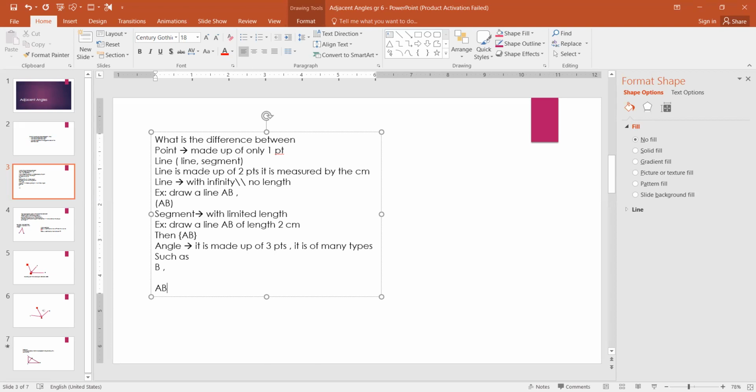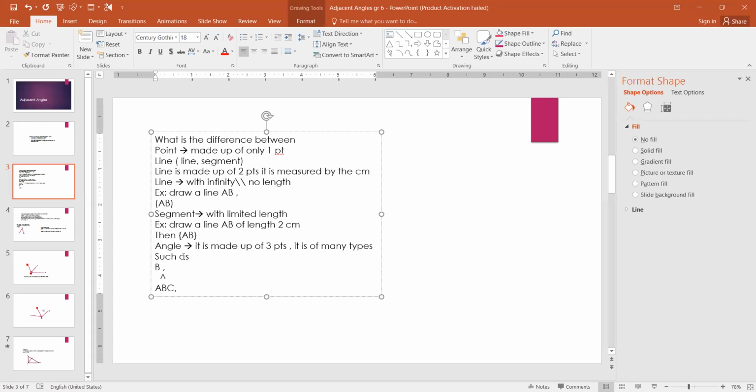If you are going to introduce the angle B, you have to add this sign above it. I know it's hard on the computer, but written it is something easy. Okay, this is the difference.